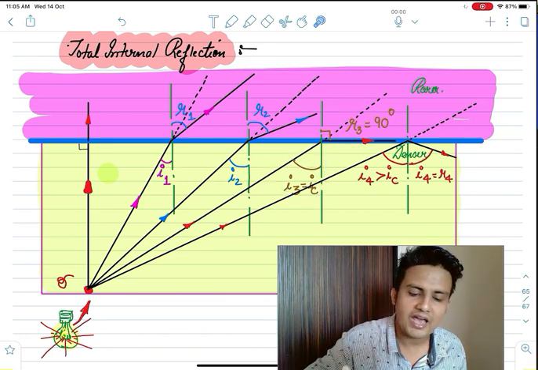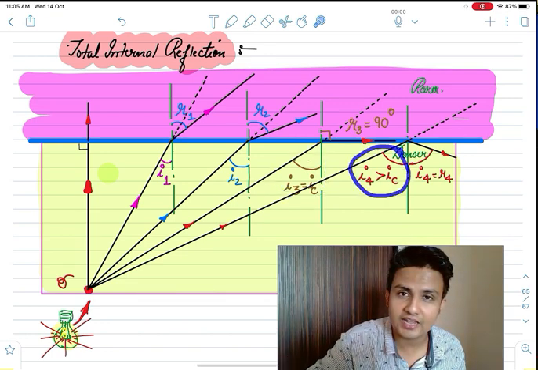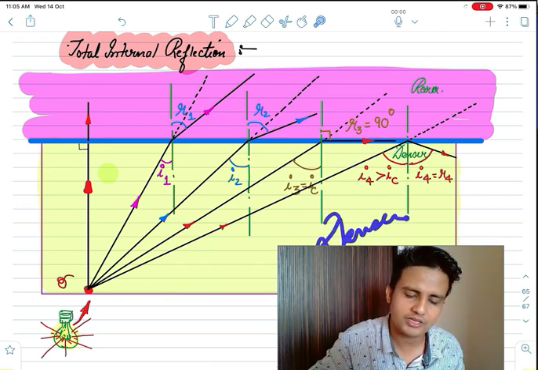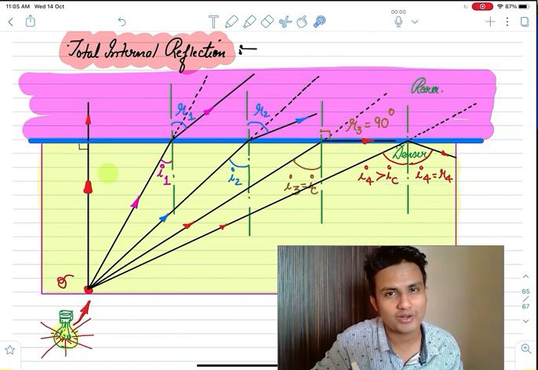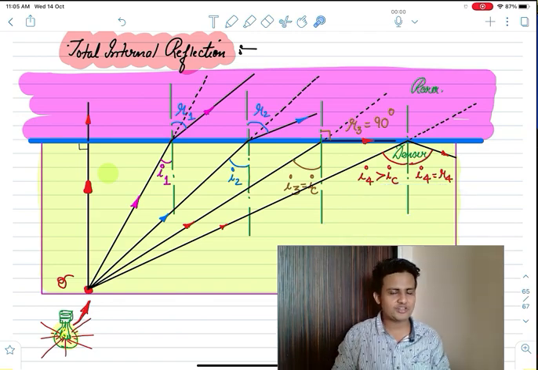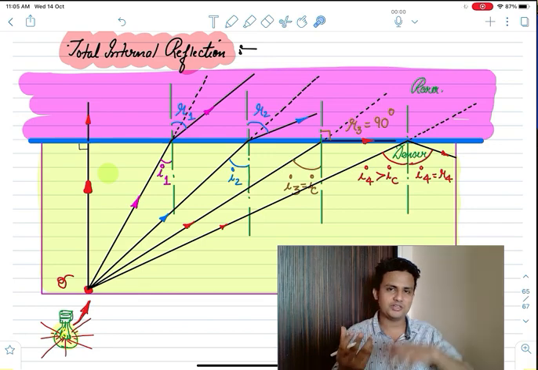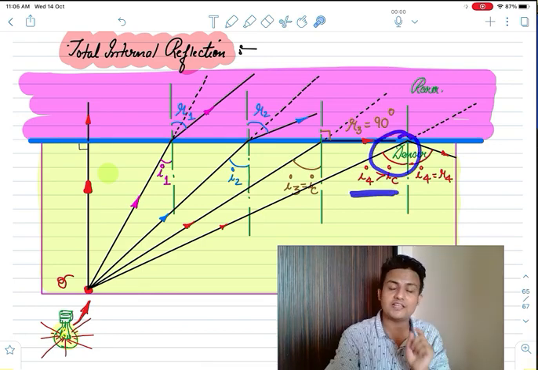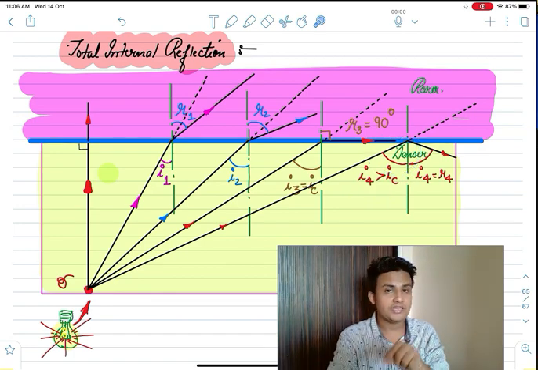If the angle is greater than the critical angle, the beam will bounce back into its original denser medium. This phenomenon is known as total internal reflection. So what is total internal reflection? When a ray of light travels from a denser medium to a rarer medium, if the angle of incidence is greater than the critical angle, then the ray will bounce back inside the same medium.